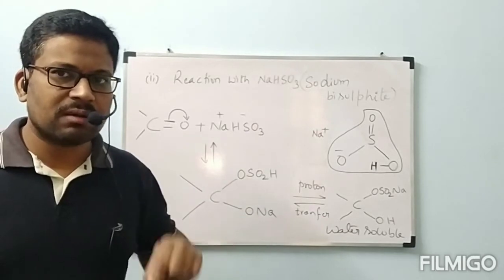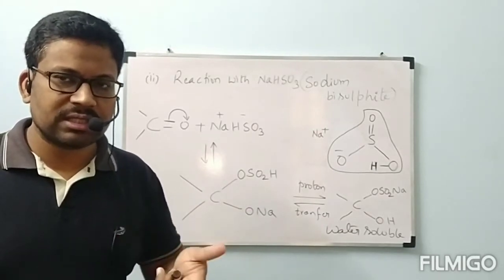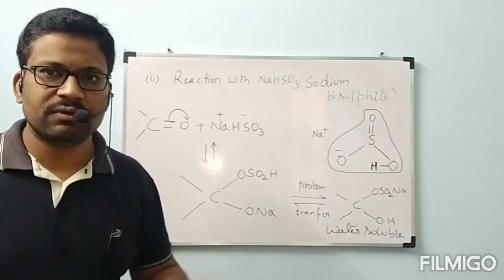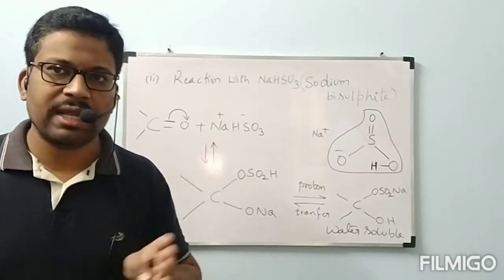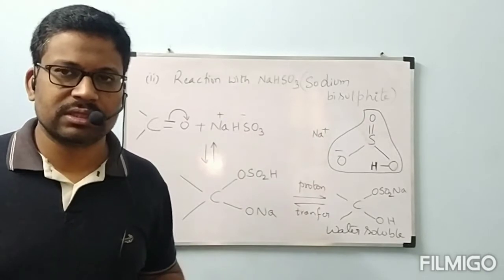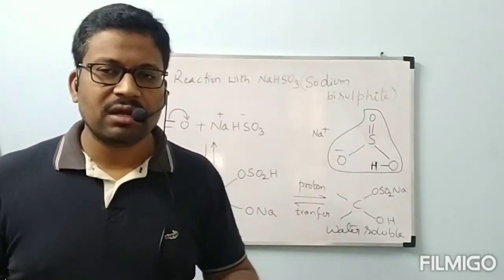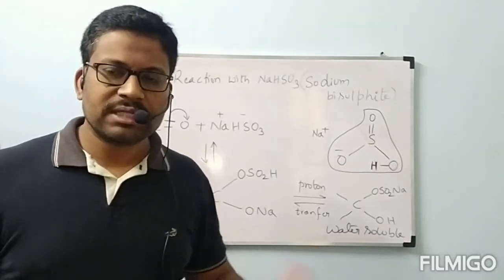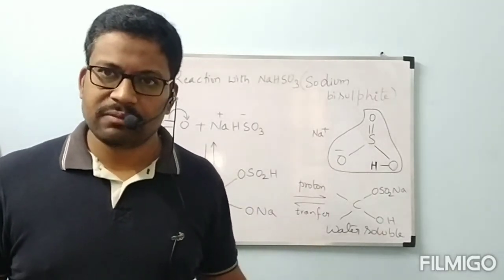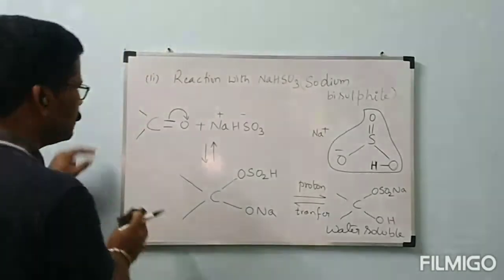This tendency to be water soluble is useful to separate aldehydes or ketones from other compounds. In what way? By using this method, we can separate aldehydes or ketones from other compounds. Let us see now.